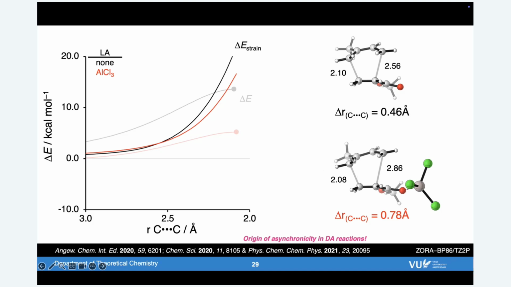And here we see now one side is reacting, the other side is much less reacted, right? The difference is much larger here. So this carbon is not super pyramidalized yet, neither is this carbon. So that's where you really get a benefit. So a more asynchronous reaction path typically leads to a less destabilizing strain energy.